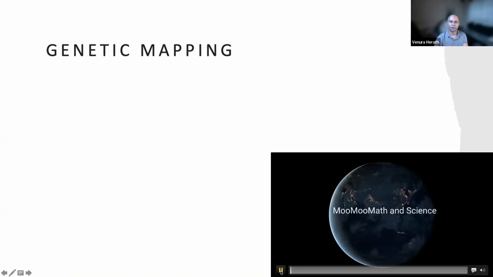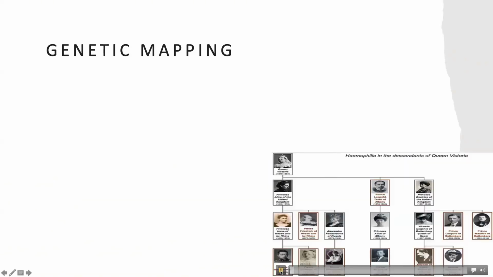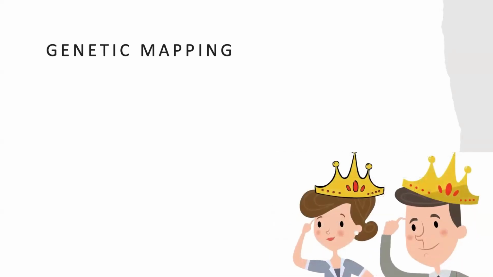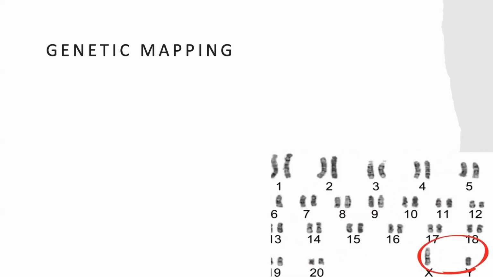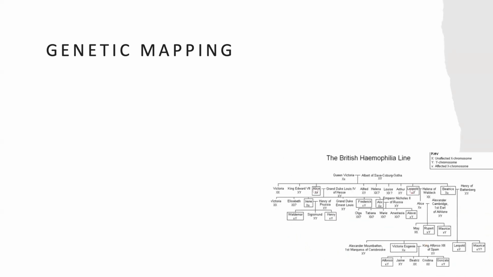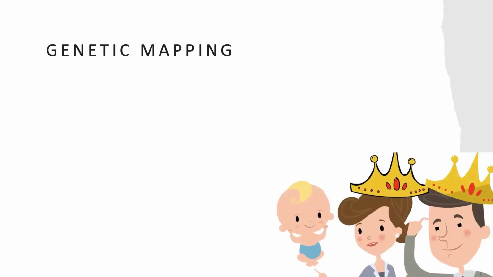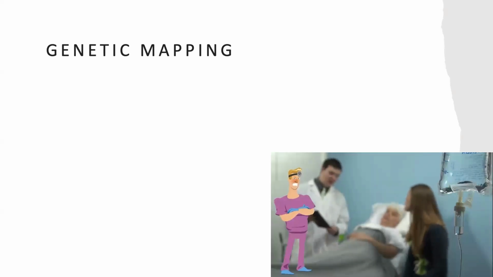Welcome to the video. I'd like to talk about hemophilia, the royal family disease, an X-linked disease. Hemophilia acquired the name the royal disease due to the high number of descendants of Queen Victoria afflicted by it. The first instance of hemophilia in the British royal family occurred with the birth of Prince Leopold. Hemophilia is an X-linked recessive disorder. The blood of a hemophiliac lacks the ability to clot due to the fact that one or more of the plasma proteins required to form a clot is absent.